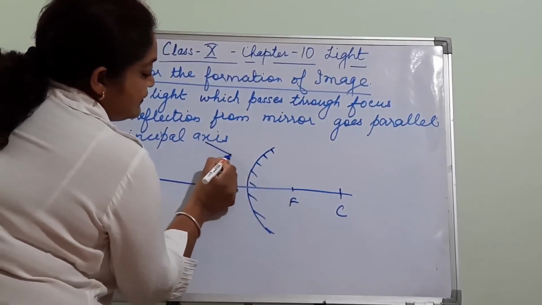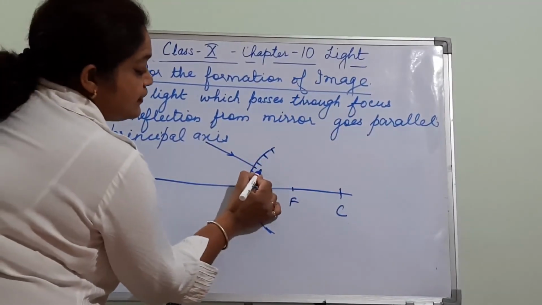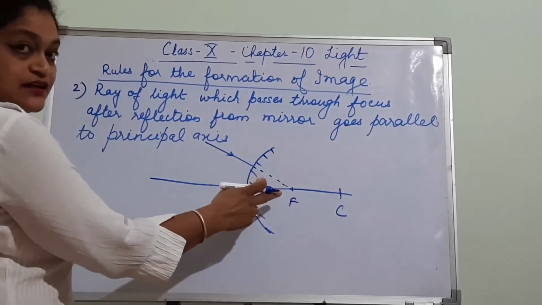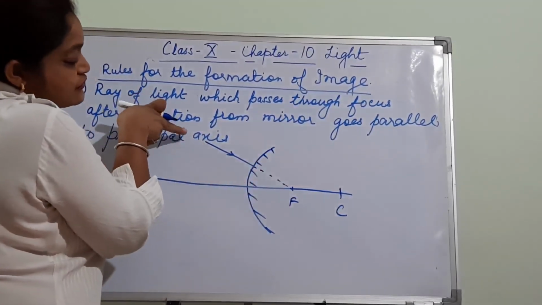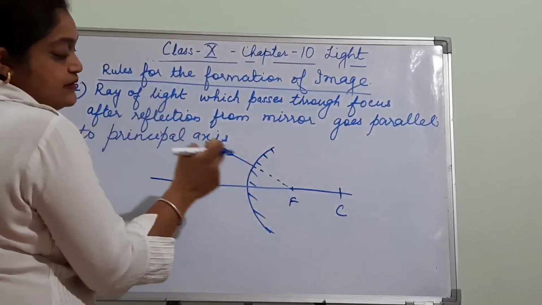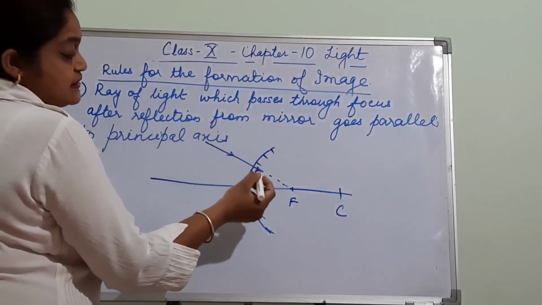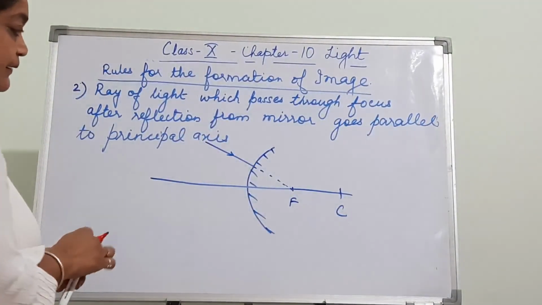So this is incident ray, and when you produce this ray you can see it is passing through focus. It is not actually passing through focus, but it is directed towards the focus. So after reflection what will happen?